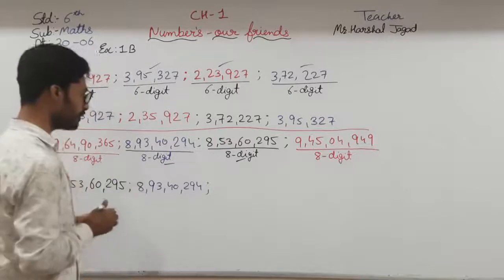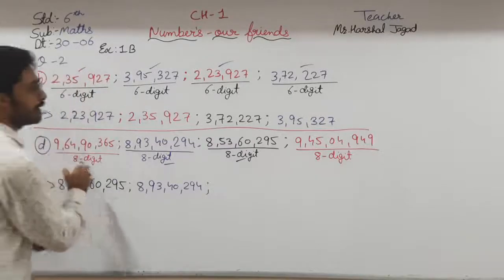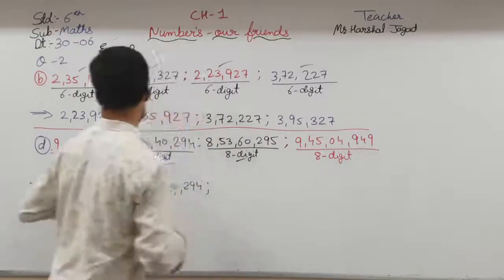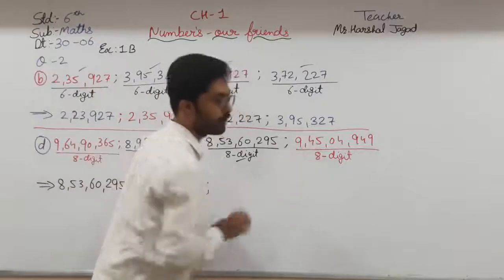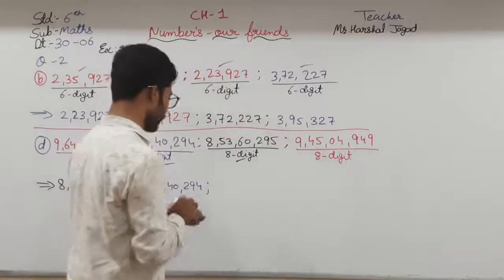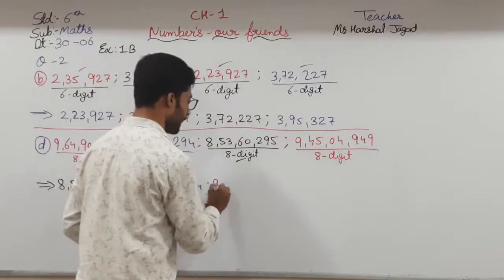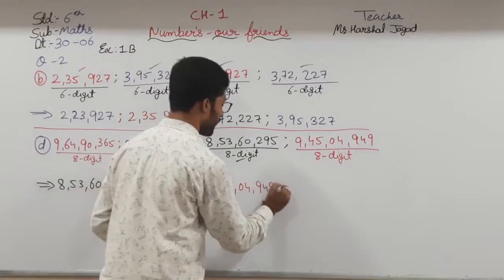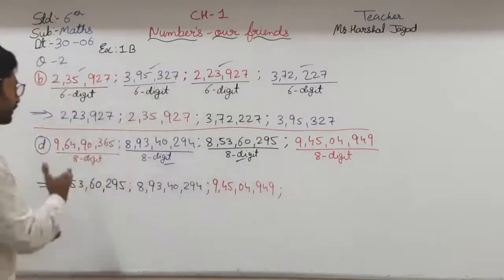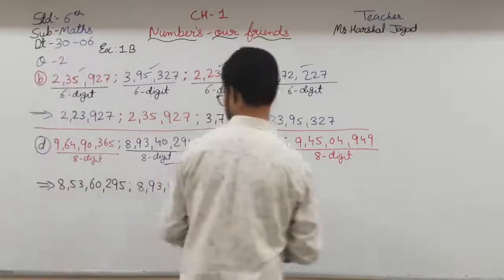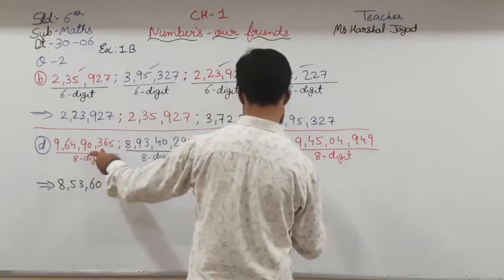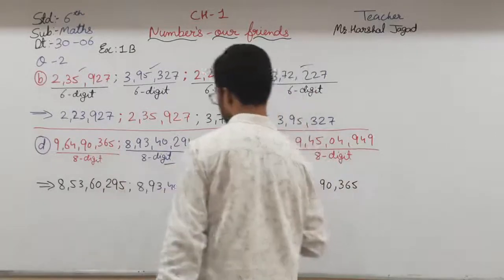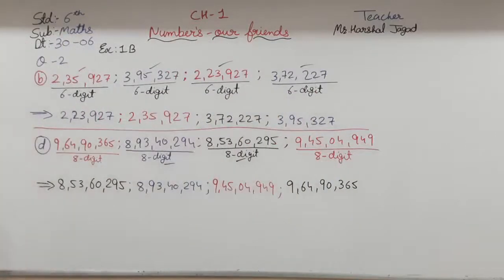Then here it is 9 and here it is also 9, so we will see the second digit. Here it is 6 and here it is 4. So this will come first: 94504949. Then the last one is 96490365. Okay, so these are the answers. Please write this down.